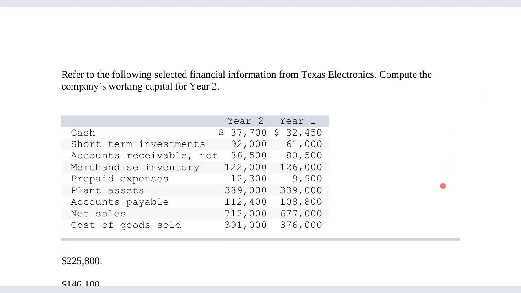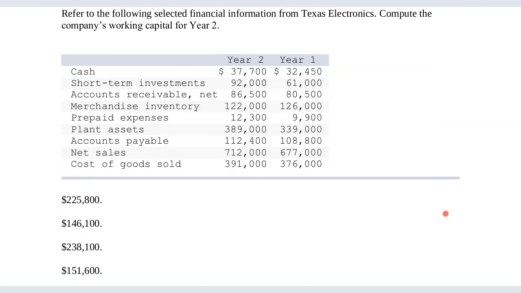Here we're moving on to chapter 13, and it's asking us to calculate working capital. Does anybody recall what the formula is for working capital? Current assets, correct, Chris? Current assets minus current liabilities.